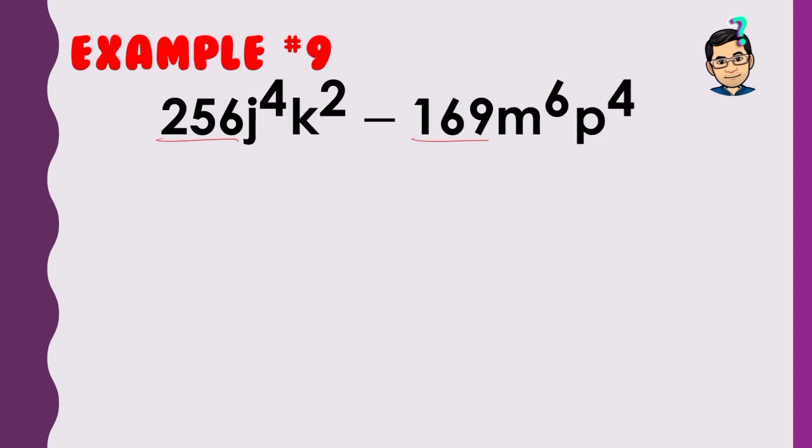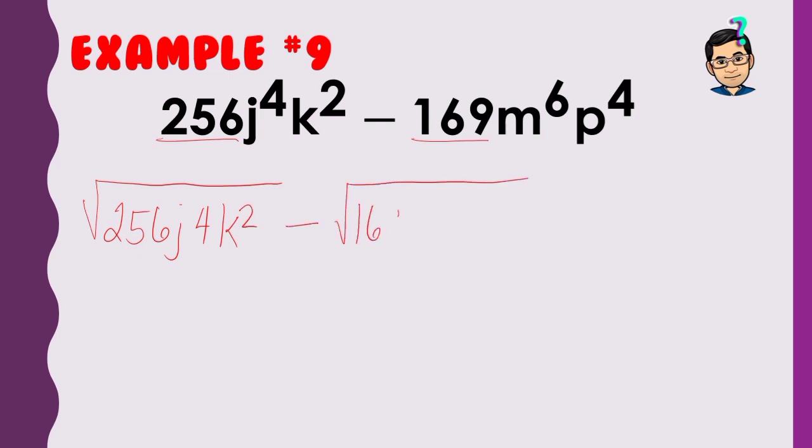So proceed tayo sa next step. 256j to the 4th power k squared minus the square root of 169 m to the 6th power p to the 4th power. Now, what is the square root of 256? So the square root of 256 is 16. 16 times 16 is 256.